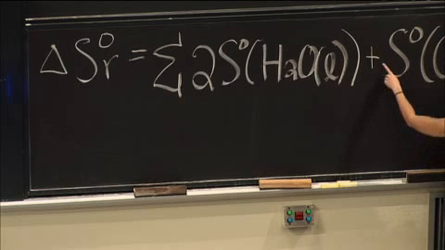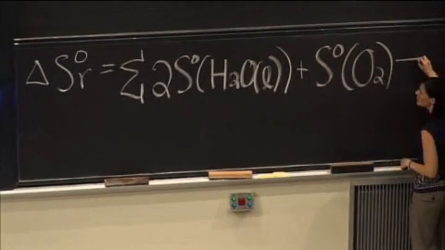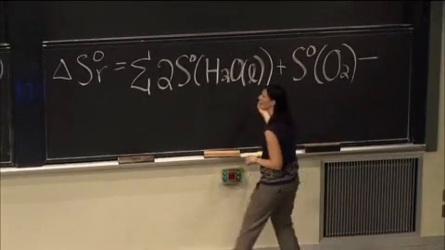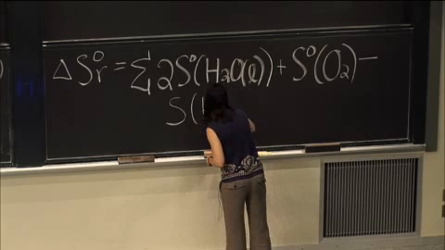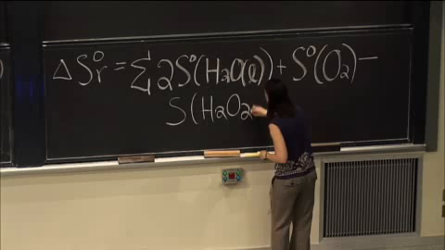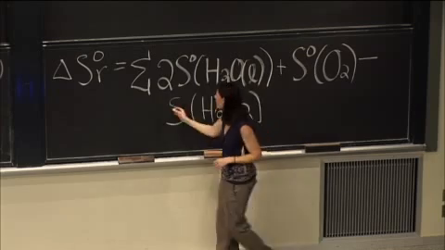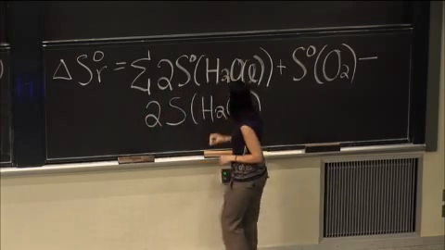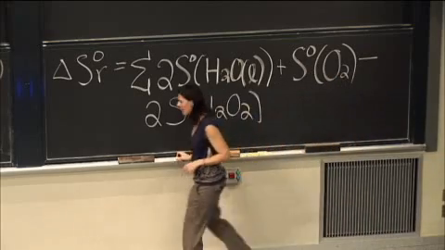We don't need to put a number here because it's just 1 mole. So that's O2. And we'll subtract from that the entropy of hydrogen peroxide. Do we need to put anything out here for this? 2, yeah, because there are 2 moles there. So water plus oxygen minus hydrogen peroxide.